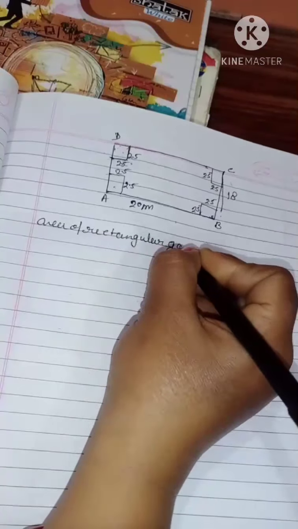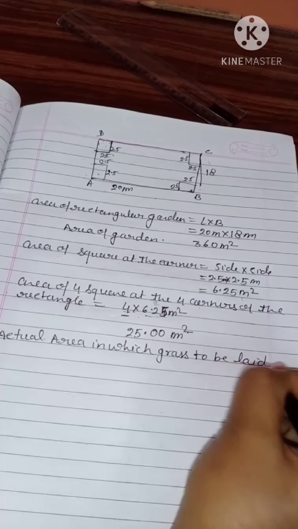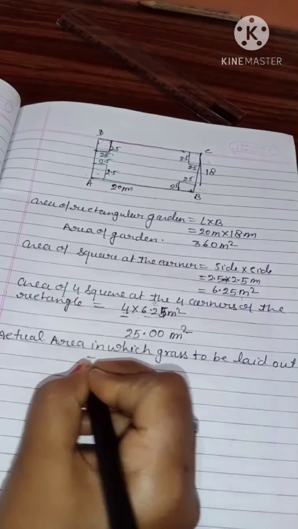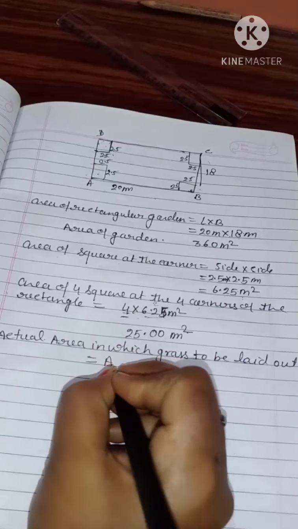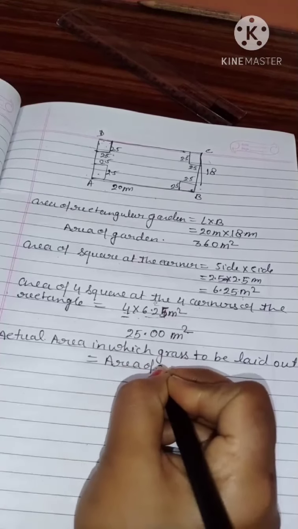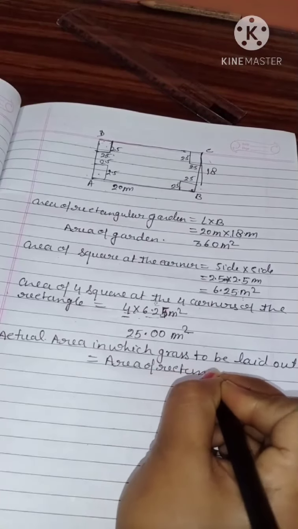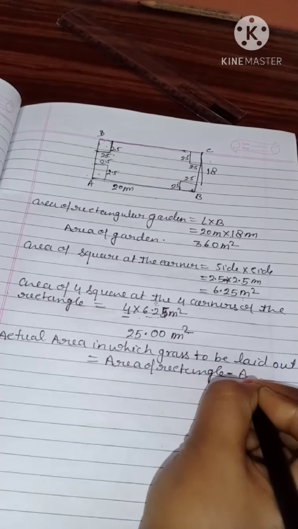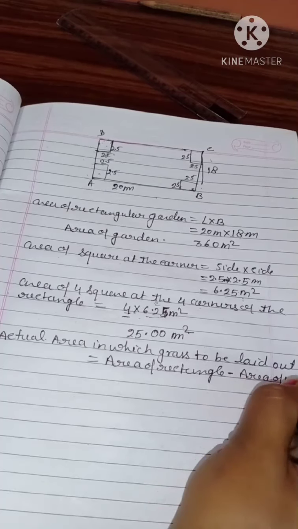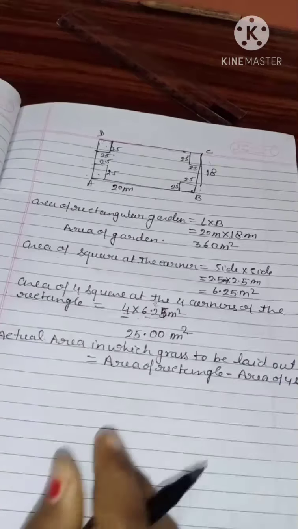Now actual area in which grass is to be laid out is equal to area of rectangle minus area of 4 squares.